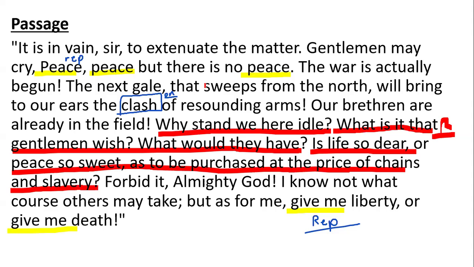Okay, so let's go ahead and look at "clash of resounding arms." Resounding arms. You all see a recurrence of a letter. What is that?